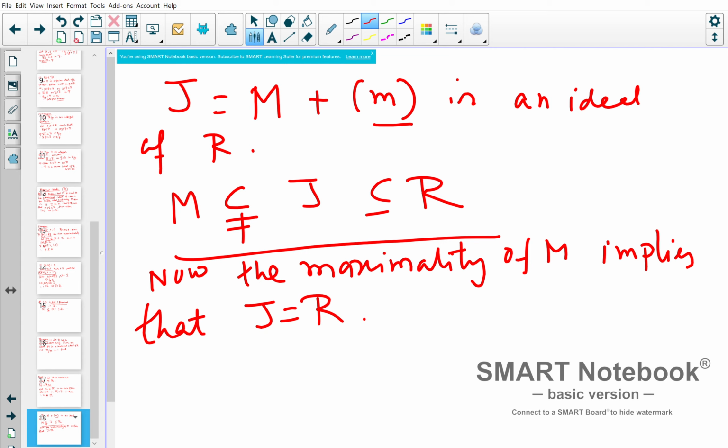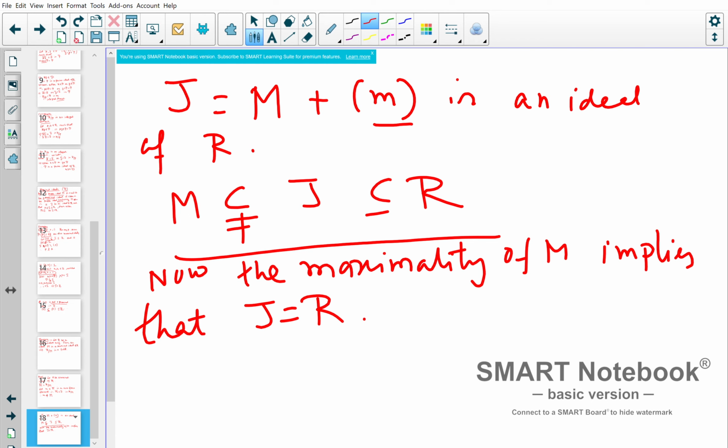Maybe I need one more thing. Yeah, I need this unity, otherwise the maximal ideal may not exist. It may not be sitting inside the maximal ideal.